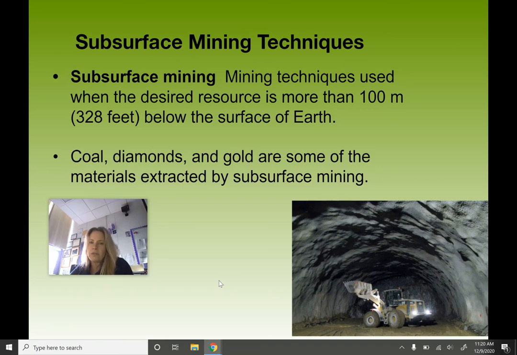We don't have a lot of this kind of mining anymore here. We do in the Midwest a lot, and in the East, because of coal. Around here, we were looking for gold, and we don't do a lot of that anymore. But things that we can look for using this are coal, diamonds, gold. Those are some examples of things that we use.